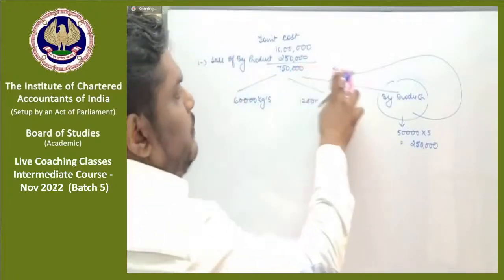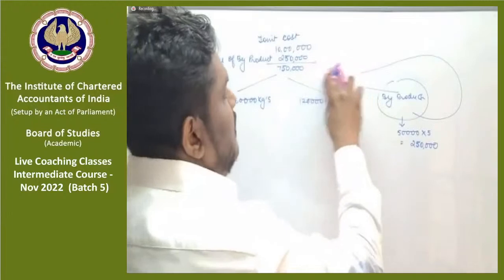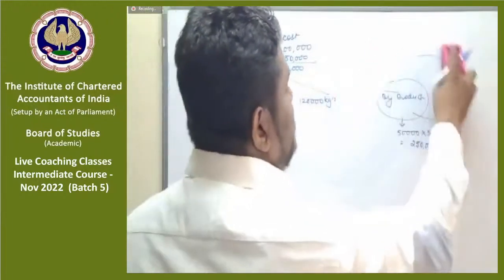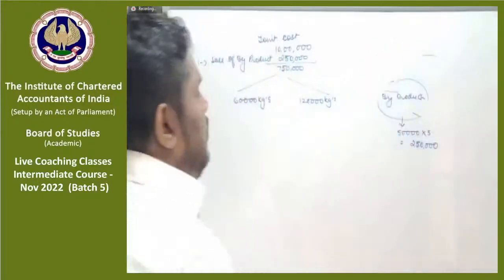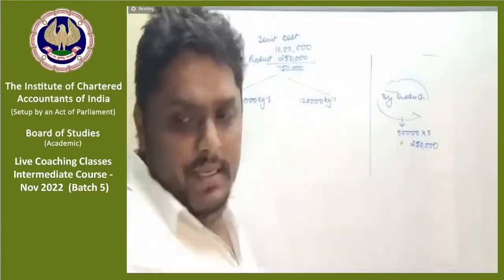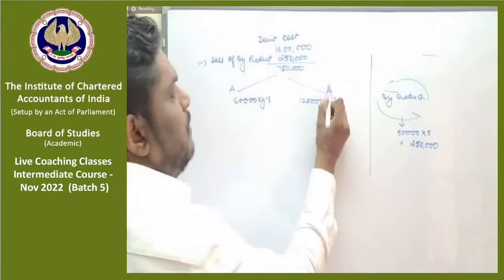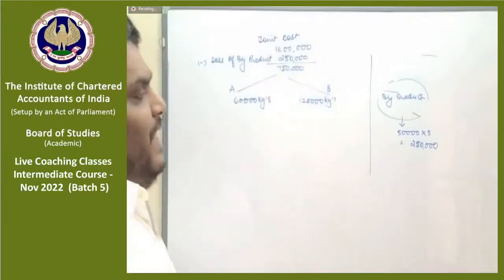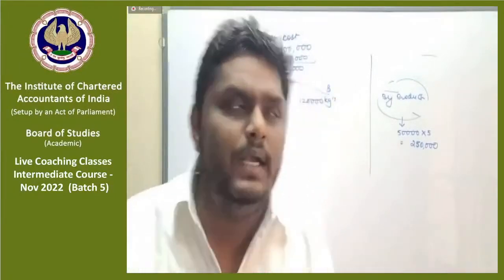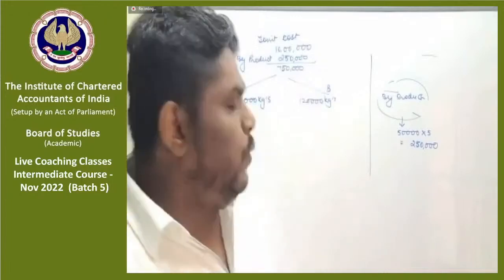And that needs to be distributed among the remaining 2 products, that is product A and product B. So 7,50,000 will be distributed in the ratio of 60:120.